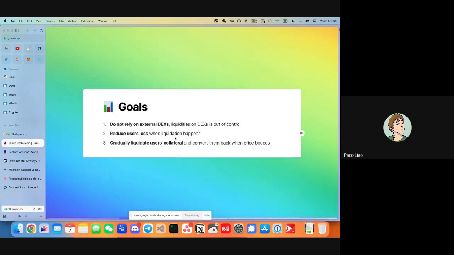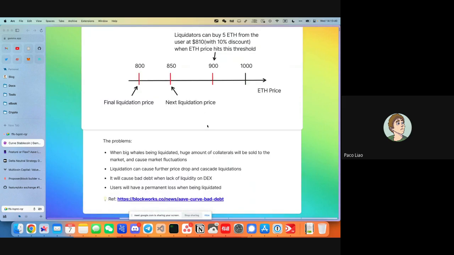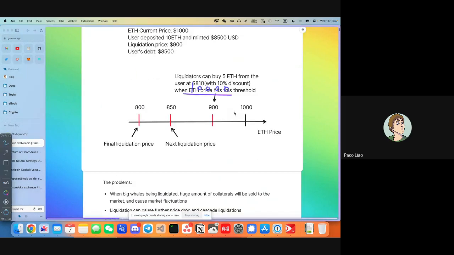So a lot of ETH will be dumped to the market. So our goal is to gradually liquidate users' collateral and convert it back when the price bounces. So I'll take this example. Our goal is, when the price hits the liquidation threshold, we start to liquidate users' collateral gradually.